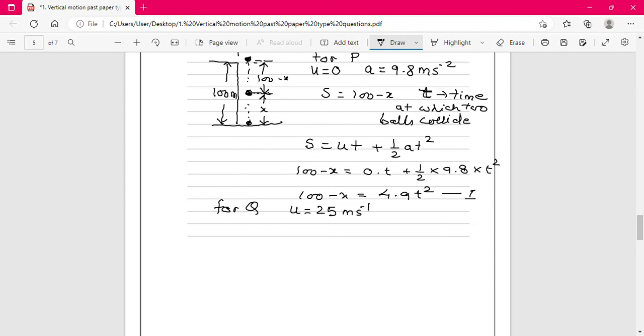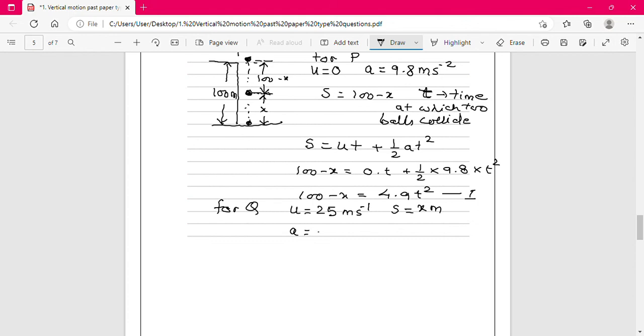The point where the two balls collide is x meters from the ground. That means ball Q will travel the distance x before collision. So for ball Q, s is equal to x meters. Now here the ball will decelerate as it is going up.